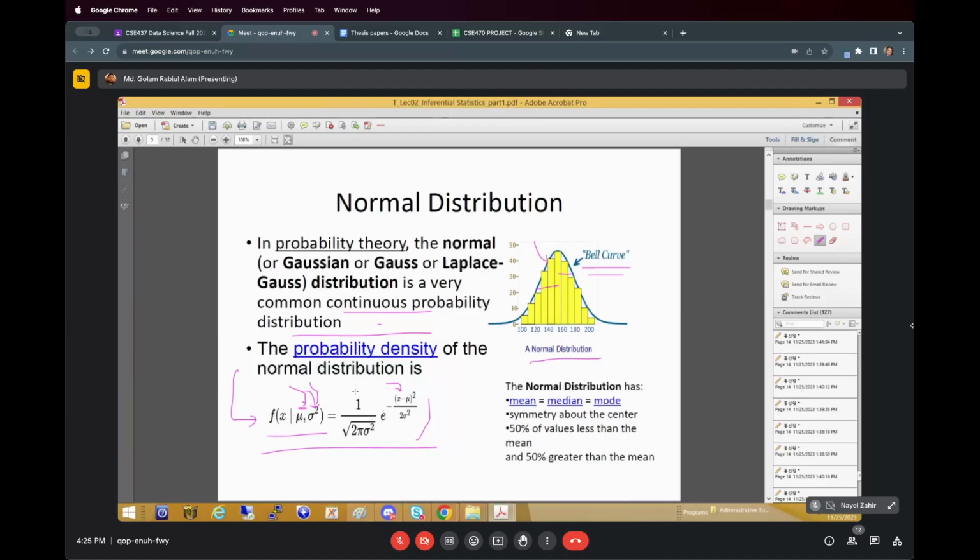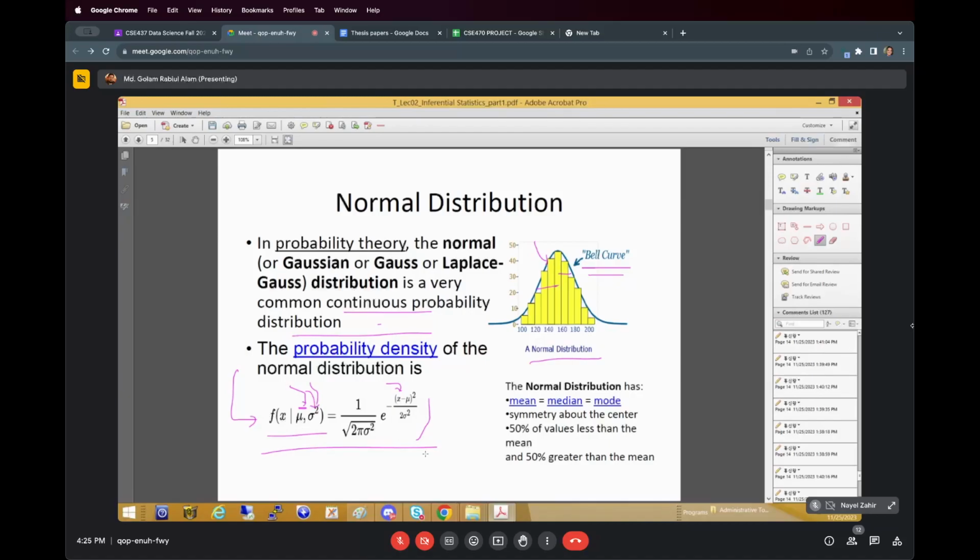From the data we can easily calculate the mean and variance. If we provide the mean and variance, then for any given X, we can find its probability.